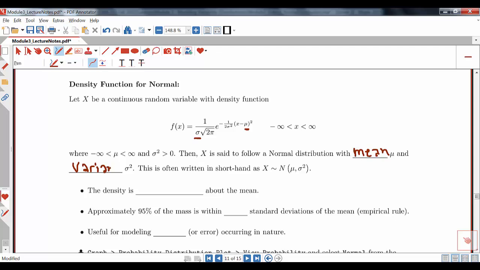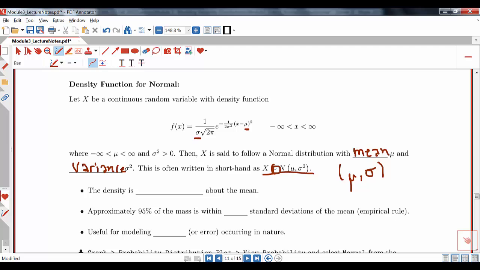Standard deviation is the square root of that. It's often written x has the shape of, that's what that symbol means, a normal distribution with mean mu and variance sigma squared. Be careful, sometimes I forget and I'll use mu, sigma, where sigma represents the standard deviation. So I'll be very careful to always try to put in there the variance.